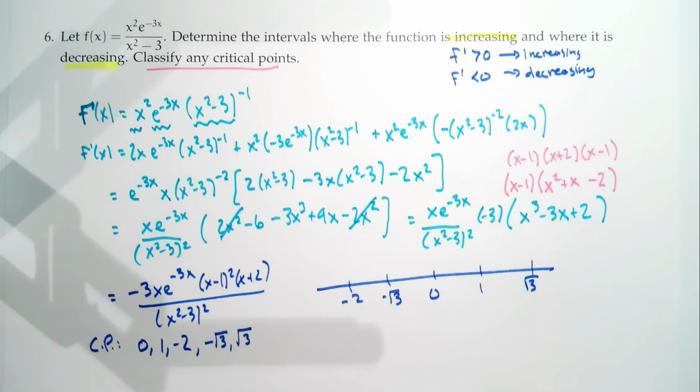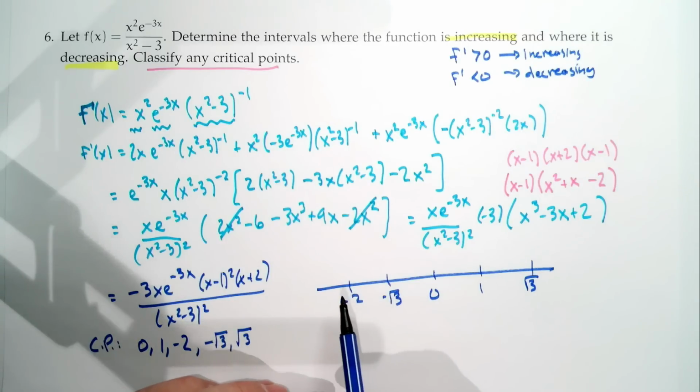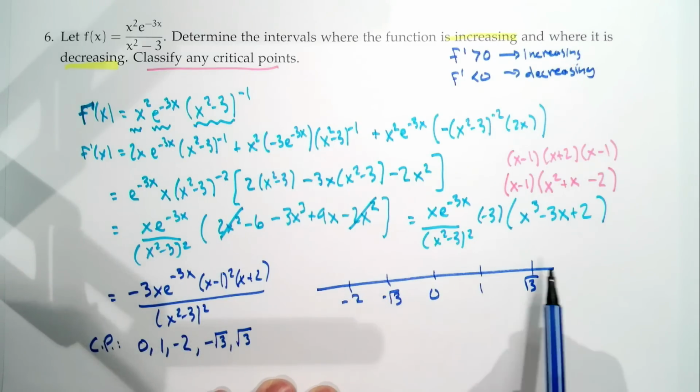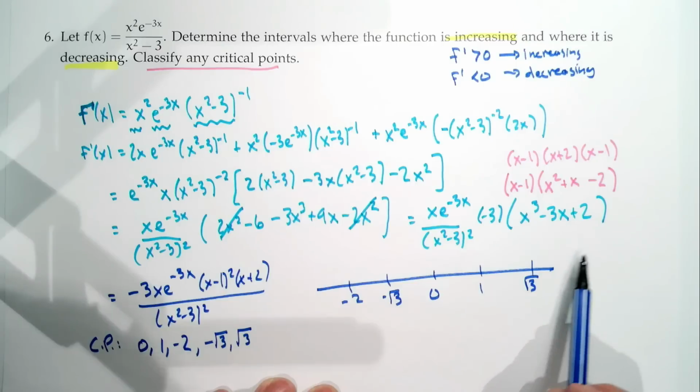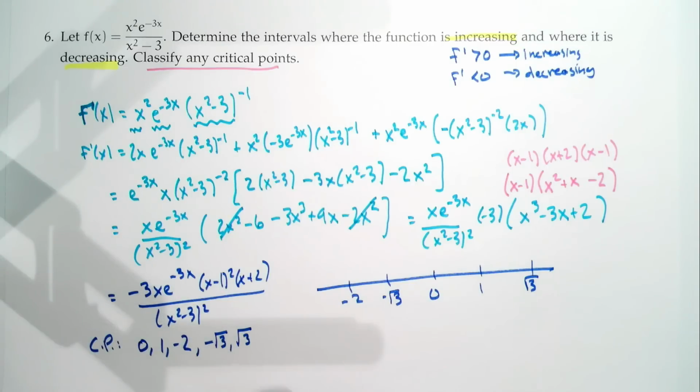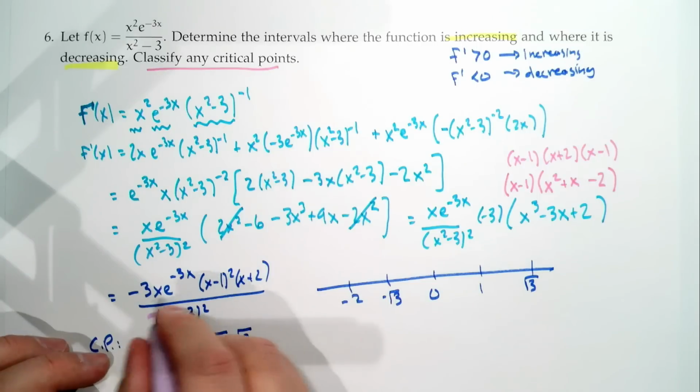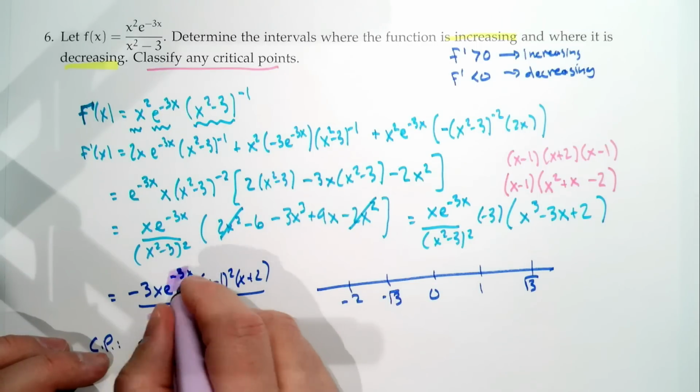And now the way you do this is you just go through and test the intervals and pick numbers, and then you can talk about behavior changes. So, for instance, suppose you pick a huge number out here. If you look at your expression, your denominator is always positive. The e to the negative 3x is always positive.